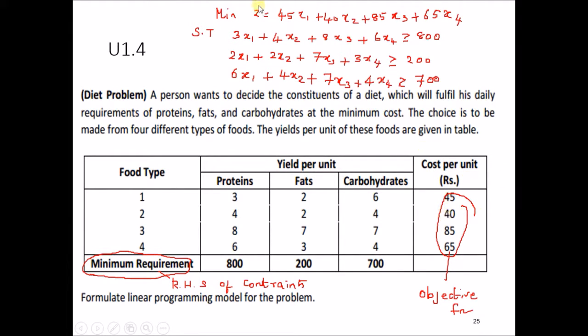So it is represented as 45x1, 40x2 plus 85x3 plus 65x4. You should not get confused. Many students will write 800x1 plus 200x2 plus 700x3 as the objective function. It is wrong. In this way they will misinterpret the question. So you have to see the keywords and then write.